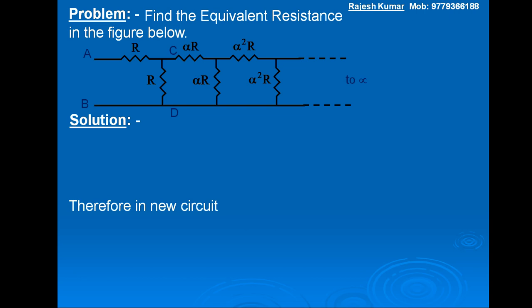Therefore, if we multiply each resistance by alpha in the given diagram, the new circuit is as shown in the diagram.